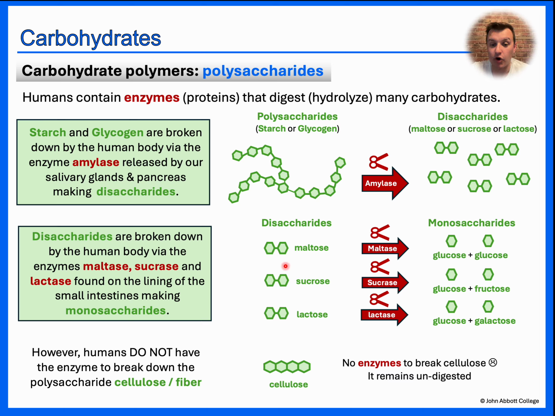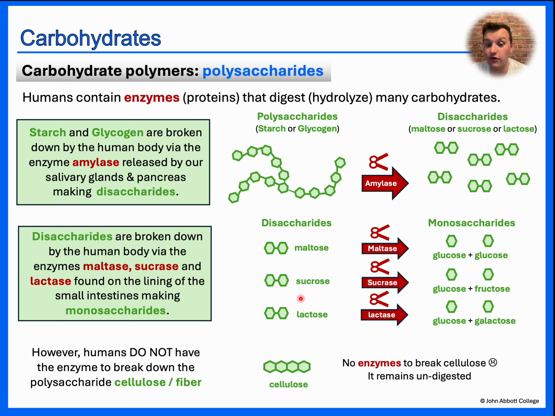So here, maltose, if you drink a lot of beer, you'll have a lot of maltose. That will get broken down by maltase into glucose and another glucose. This can be absorbed in the small intestine. Sucrose, right? If you eat a lot of sugar, then sucrase will break down that sucrose into smaller bits here, and this glucose and fructose could easily be absorbed.